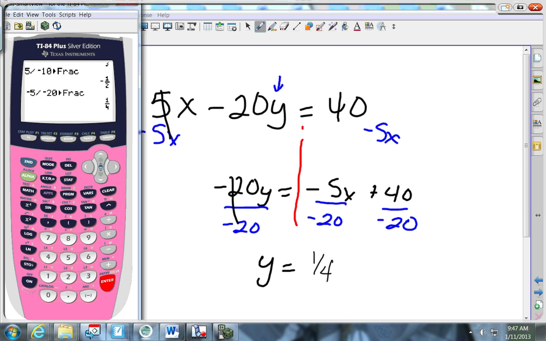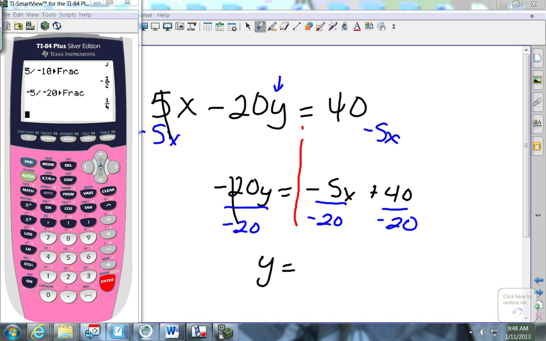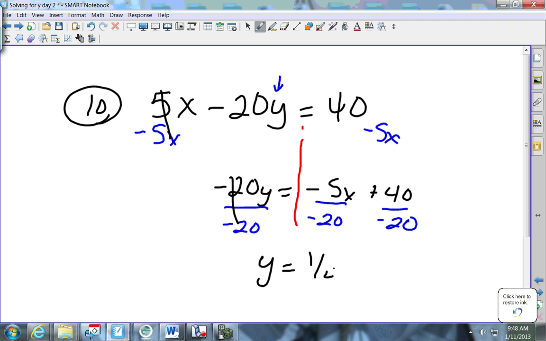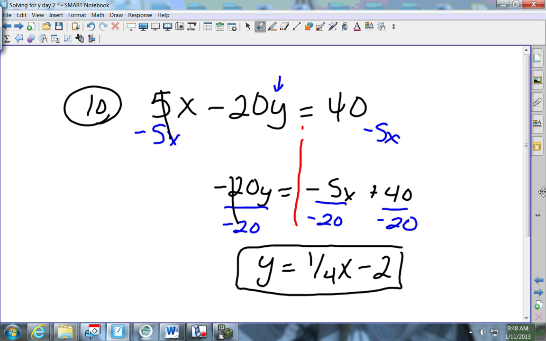So 1/4 x, and then 40 divided by negative 20 is negative 2. There's my equation. My slope is 1/4. My y-intercept is 0, negative 2.